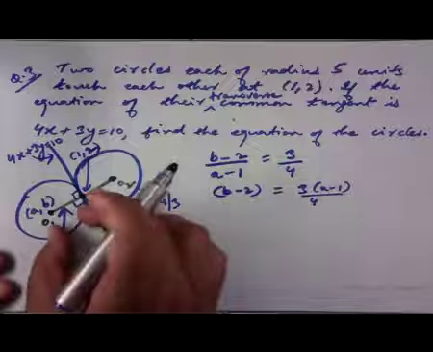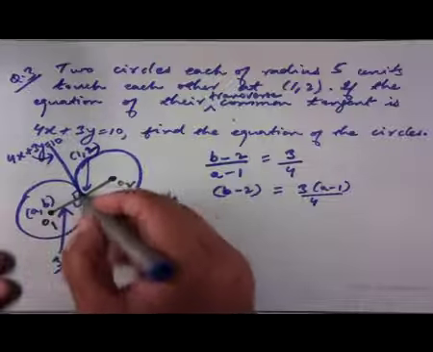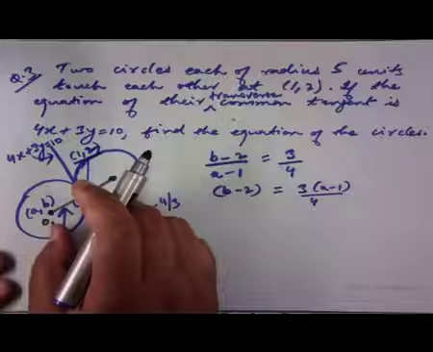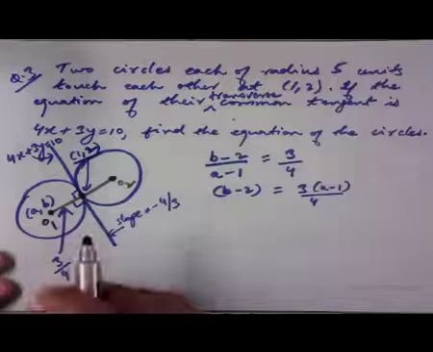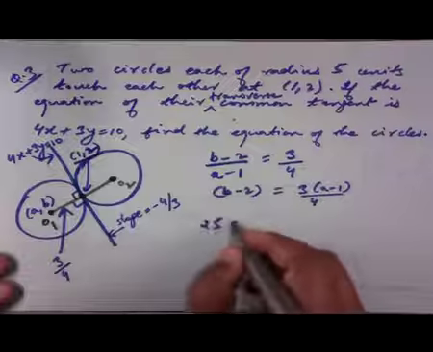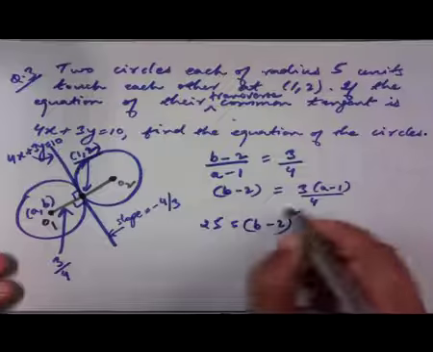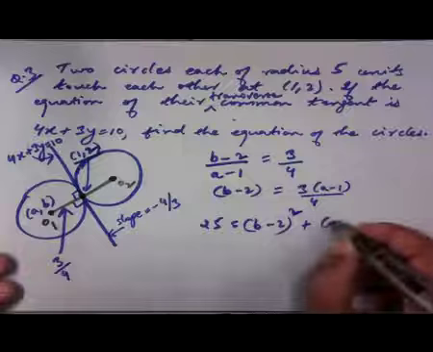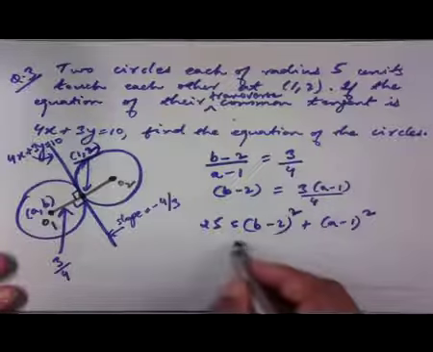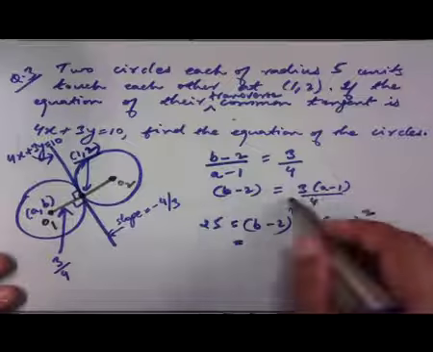Further, this length between O1 and the point of contact here, which is (1, 2), is nothing but the radius of the circle, which is 5 units, and therefore, the squared radius, which is 25, will be equal to (b minus 2) whole square plus (a minus 1) whole square. But (b minus 2) whole square can be written in terms of (a minus 1) whole square using this equation.